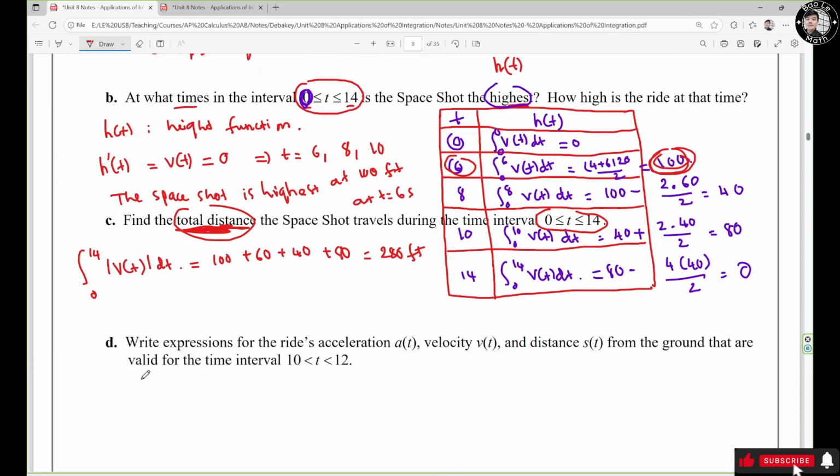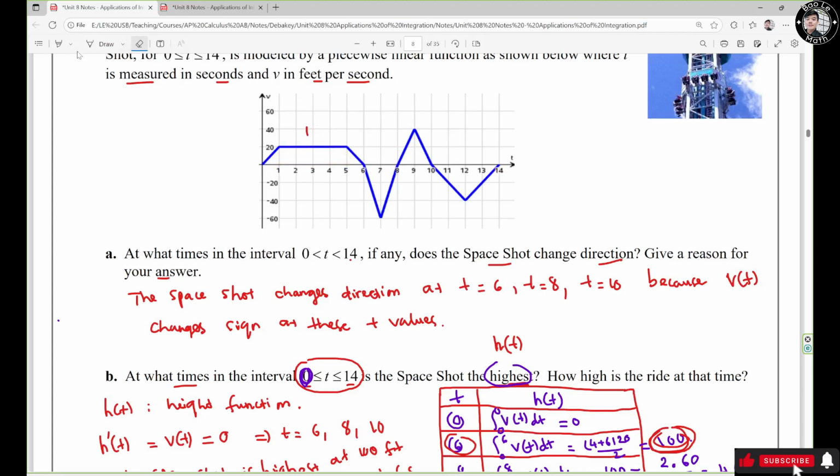Now question D. Write expressions for the acceleration a of t, velocity v of t, and distance s of t from the ground that are valid for the time interval 10 to 12, right? The interval from 10 to 12 is going to be this guy right here. So your graph should be this guy right here.